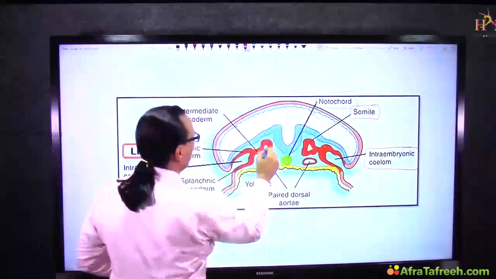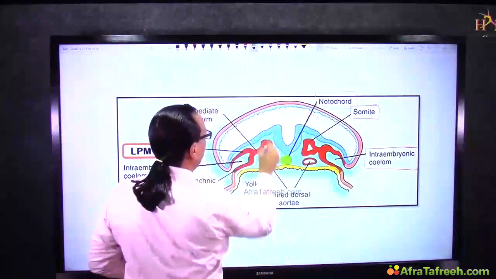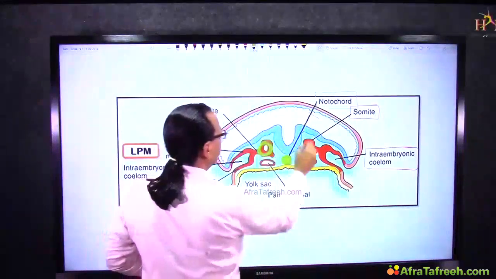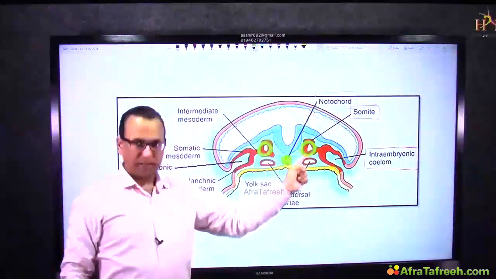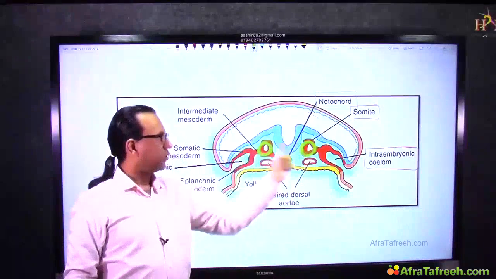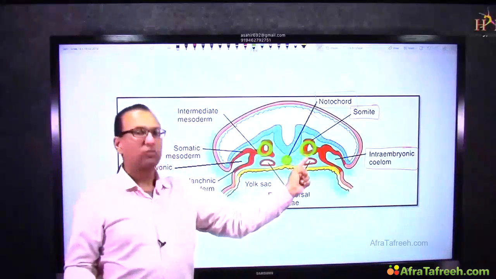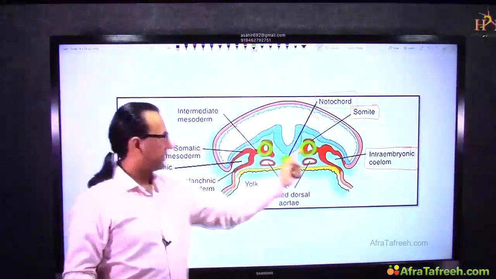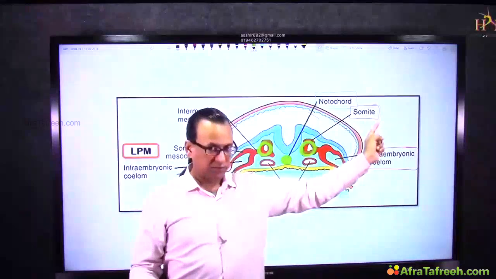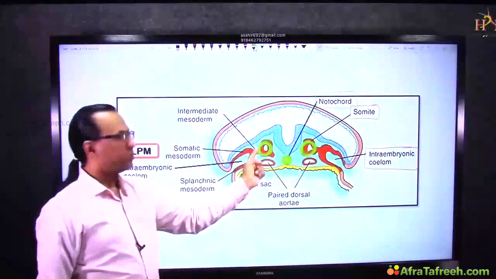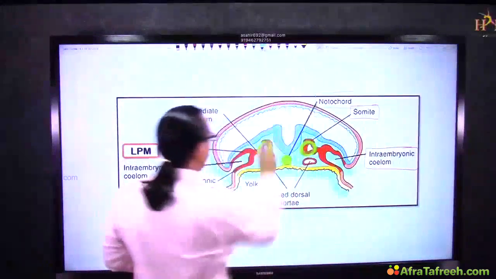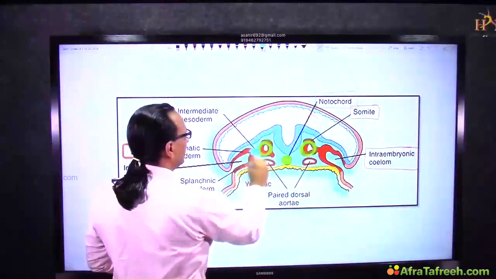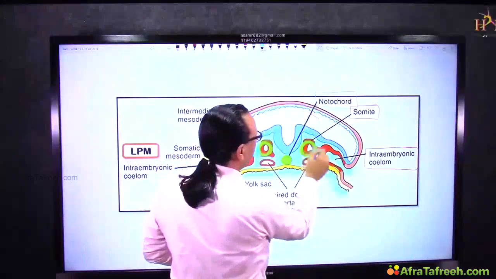So when you are talking about the paraxial mesoderm here and here, on the side of the axis, the paraxial mesoderm is going to form somites, and somites will give us some derivatives which we have to discuss further. Then still more lateral will be the intermediate mesoderm. So this is the region of the intermediate mesoderm.